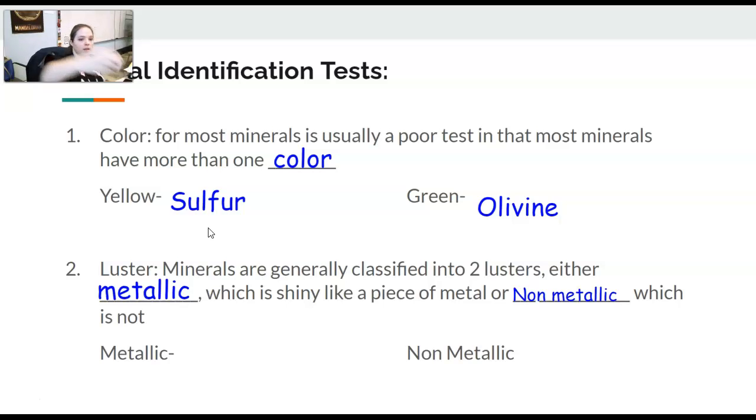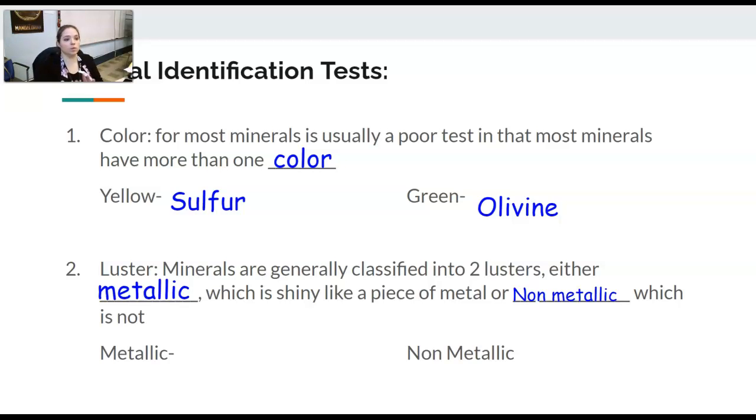You have selenite gypsum. You have halite. You have calcite. You have talc. You have graphite. And then last but not least, when I can get it out of here, you have biotite mica.